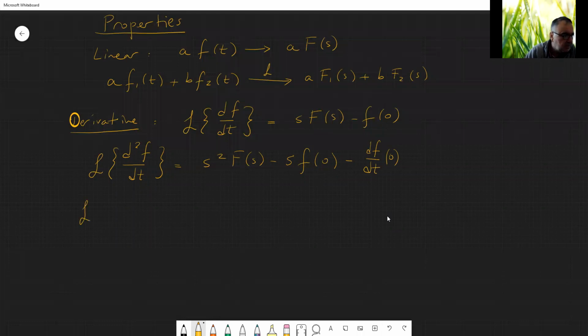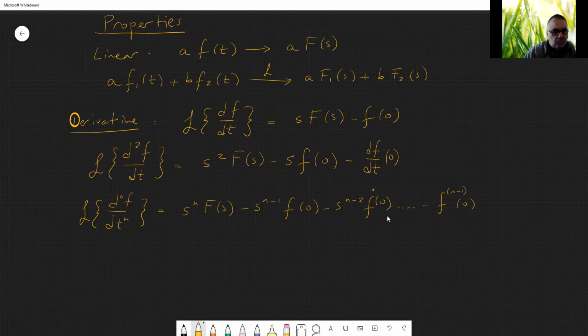In general, the Laplace transform of the nth derivative of f can be written as s to the n times F of s, minus terms with initial conditions for the time derivatives.